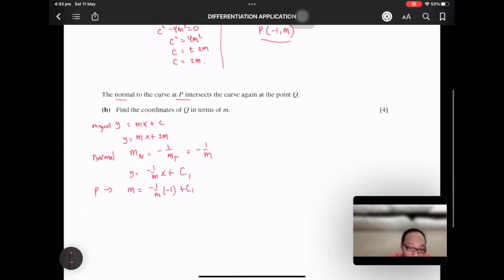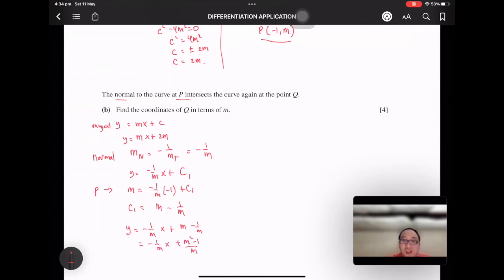So I can have c1 as m minus 1 over m. So the equation of the normal will be y equals negative 1 over m x plus m minus 1 over m. Or I can rewrite it as 1 plus m squared minus 1 over m.